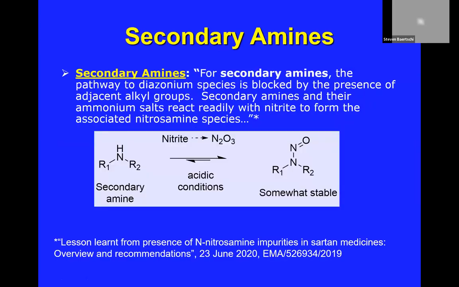Secondary amines, however, form somewhat stable N-nitroso compounds. Depending on the R groups, it can be very stable or it can be pretty unstable and degrade further, but many secondary amines will form somewhat stable nitrosamines that will hang around and are stable enough to accumulate in the drug product.